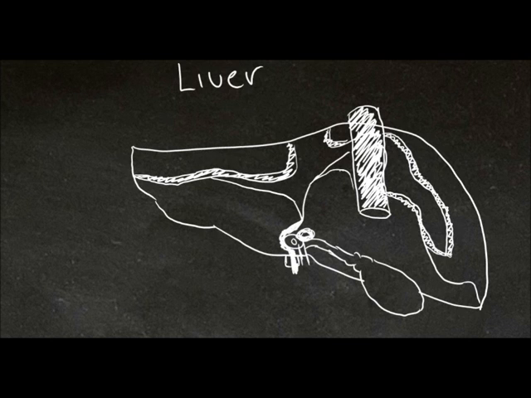Okay, here we have a posterior view of the liver now. We can see the gallbladder. Here is the inferior vena cava, the coronary ligament. Here is the right triangular ligament.